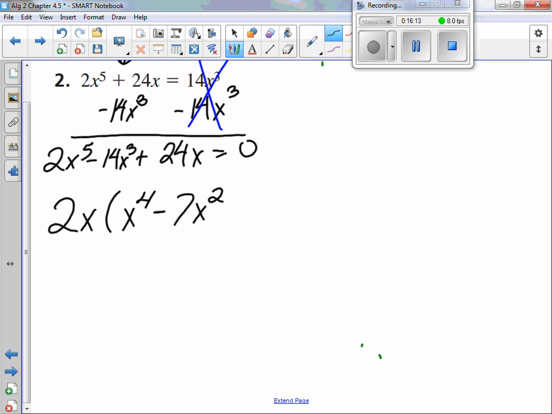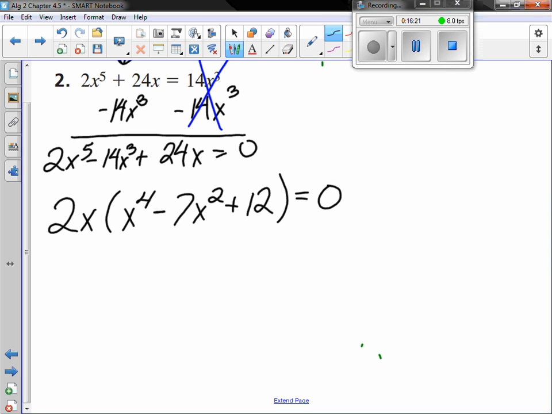And 2x out of 24x, well, 24 divided by 2 will give us 12. And that's it. So we're left with this here, x to the 4th minus 7x squared plus 12.